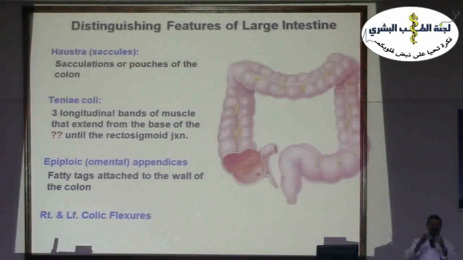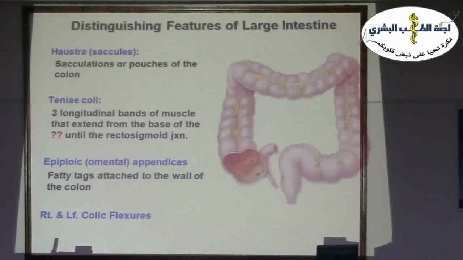Instead, the muscle fibers aggregate in 3 bundles. So you don't see a longitudinal layer all around, you see it only in this row, this is another one, and there should be another one inferiorly. So you have 3 rows of longitudinal muscle bundles.